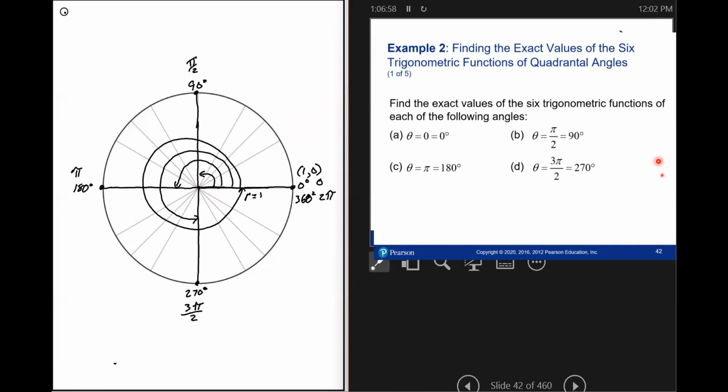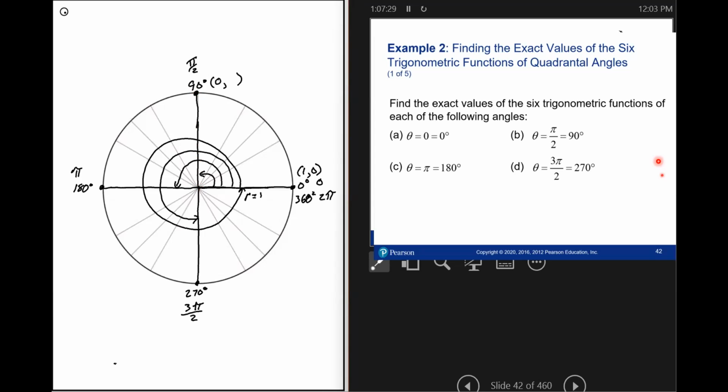Now we come up to 90 degrees, and we can talk about the X and Y value of this point. So how far away is this point from the origin? So what's the X and Y value? X is 0, Y is 1.